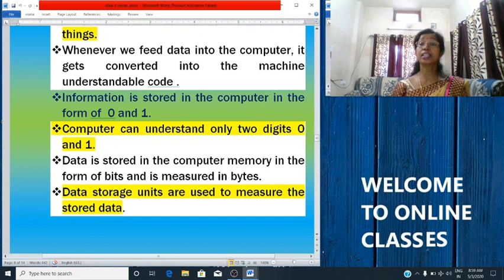Byte is a collection of 8 bits. That is, 8 bits make a byte. It can store a single digit or an alphabet like A or 8. It consists of 8 binary digits, either 0 or 1.